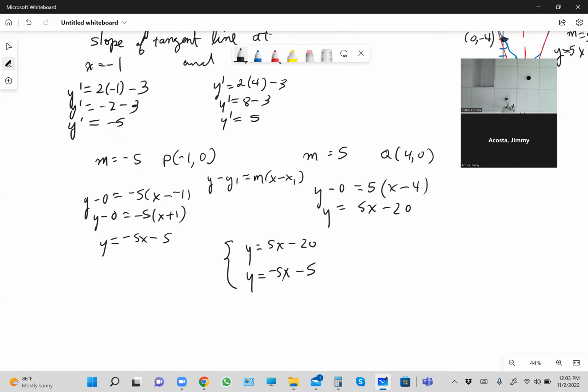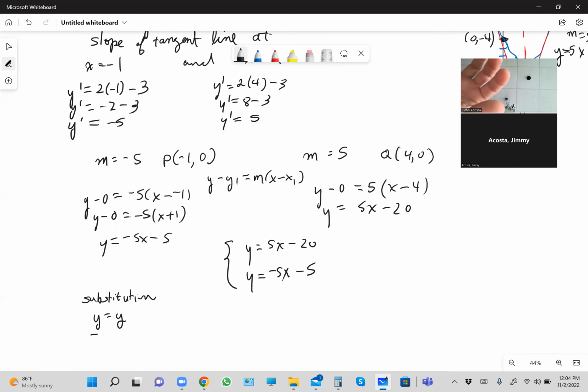When we did it in class, we always did substitution. If the y's are the same, we set them equal to each other, right? I'll do the other method too. So here is substitution. We just say the y's are equal when they cross.